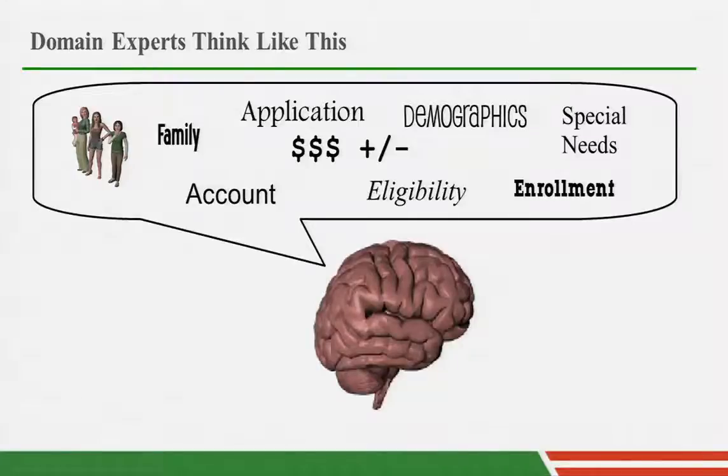The demographics of the family then becomes a very big concern. The special needs of the family. What about tribal membership or the lawful presence of the individual in the United States? Should they be permitted to get this insurance because of their lawful presence or not? They're concerned about the account of the family, the eligibility, and the enrollment.